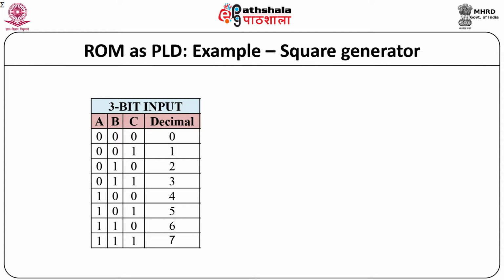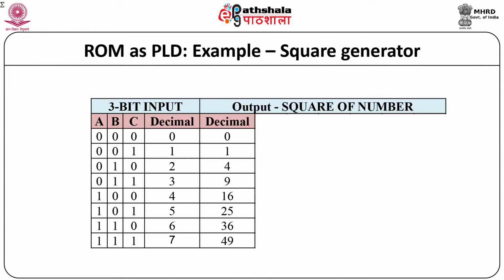These inputs are labeled as A, B and C. The binary combinations of the input give decimal numbers 0, 1, 2 till 7. Let us obtain the square of the numbers in decimal and write it in a separate column. The squares are 0 for 0, 1, 4, 9, 16, 25, 36 and 49 corresponding to the inputs.